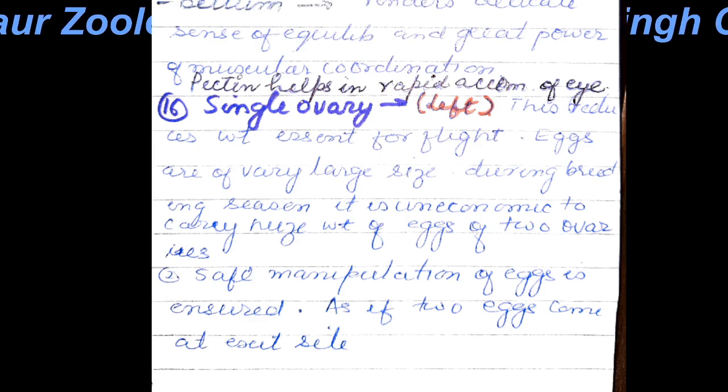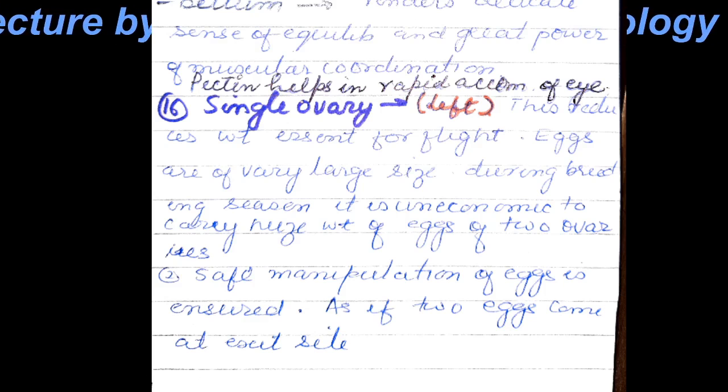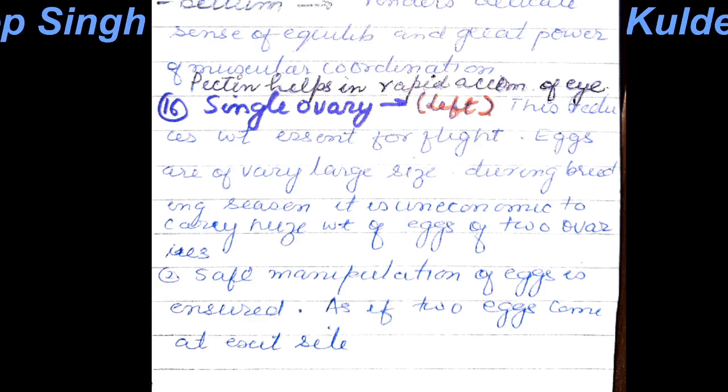The eggs are of very large size, and during the breeding season it becomes uneconomic to carry such huge weight of eggs from two ovaries. Hence they have adapted and got rid of one ovary and carry only the left ovary.